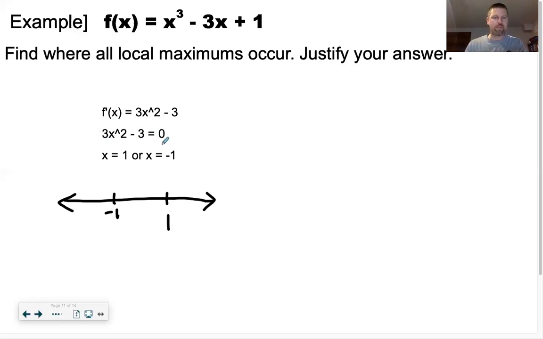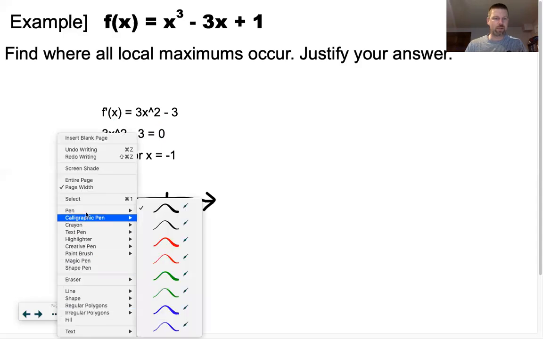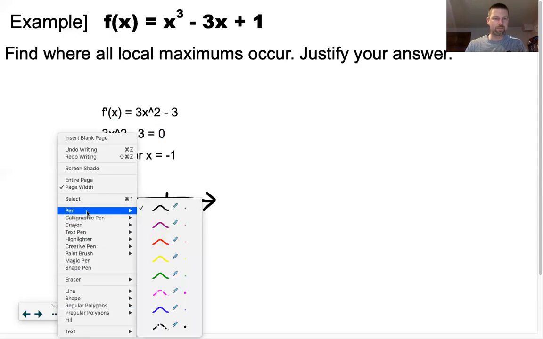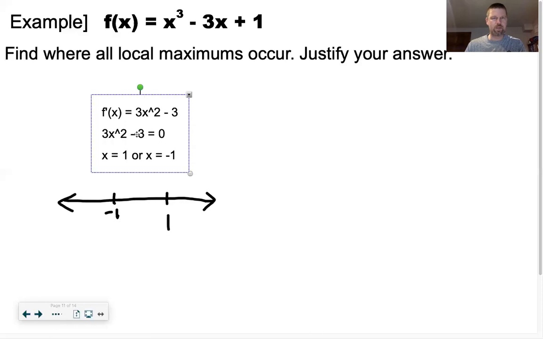If I want to make my life easier, I'll factor the derivative first. This factors into 3 times x squared minus 1 equals 0, which then factors into 3 times x plus 1 and x minus 1.